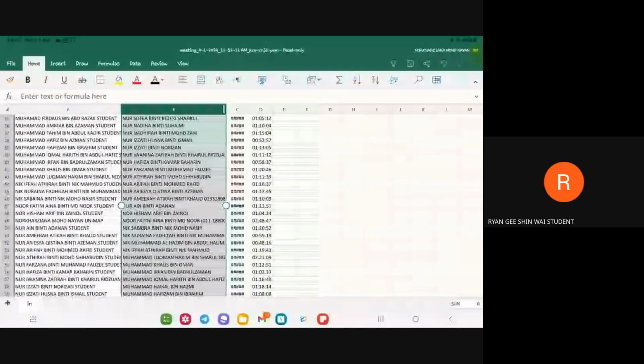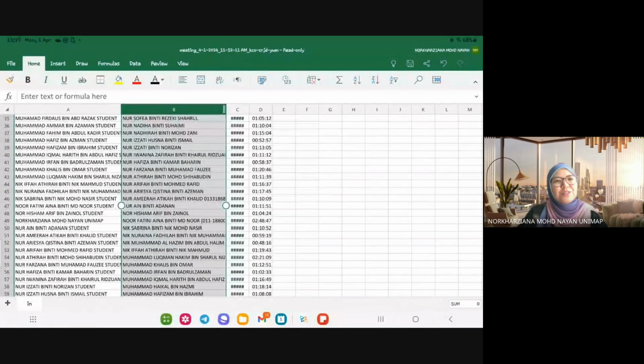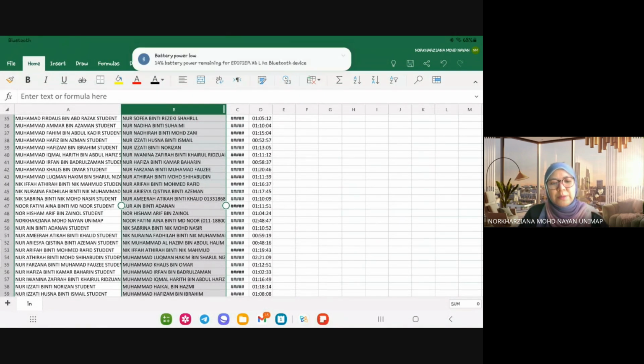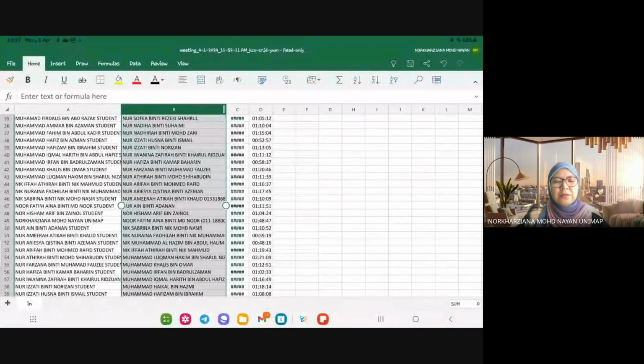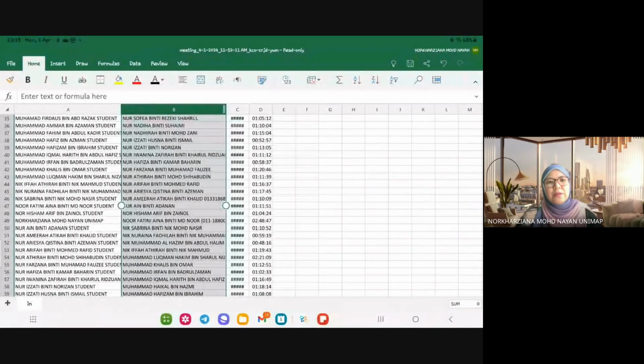Okay. So saya tambah satu lagi folder so that you can regularly mark quiz. Kalau you upload, boleh upload dekat folder mark quiz tu. Okay, saya akan bagi jawapan quiz.